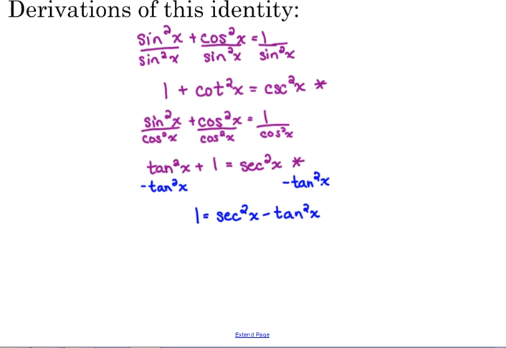Or maybe we wanted tangent squared by itself. So we subtract the 1 from both sides. So tangent squared is equal to secant squared of x minus 1. Today, we're just going to focus on sine squared plus cosine squared, but we may need those others somewhere down the road.